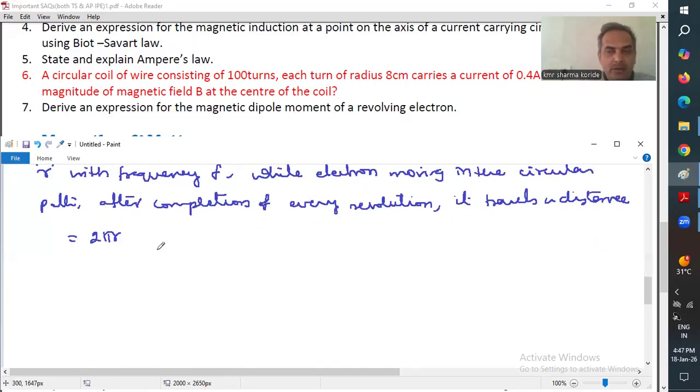Now the time taken to complete one revolution: t equals distance by velocity. This distance is equal to the circumference, so t is going to be 2 pi r divided by v.